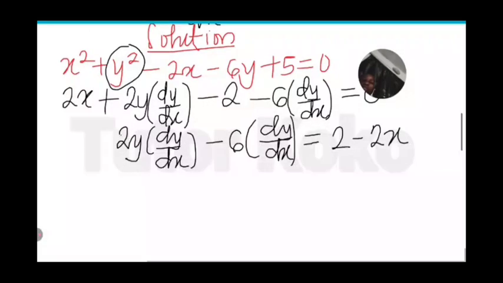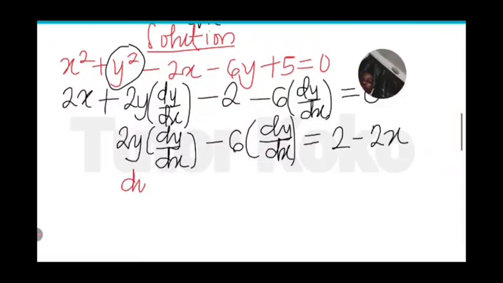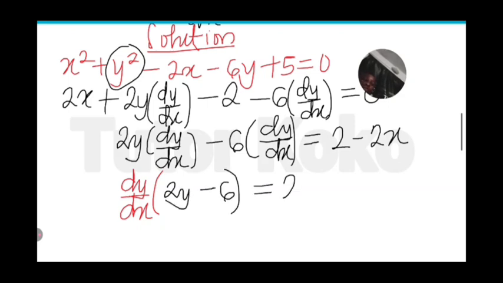From the left hand side, you discover that dy/dx is common, so dy/dx into bracket 2y minus 6 is equal to 2 minus 2x.